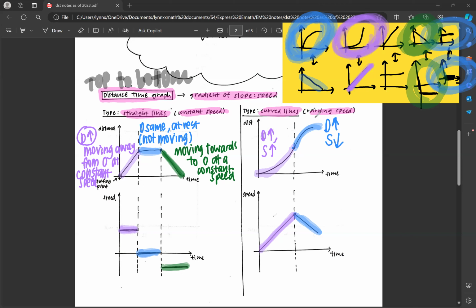So next up, we're going to move on to a different kind of time graph. In this time graph, we are converting from what kind of time graph to what kind of time graph? On this page, we are converting from distance time graph to, yes, write it down, distance time graph to speed time graph.